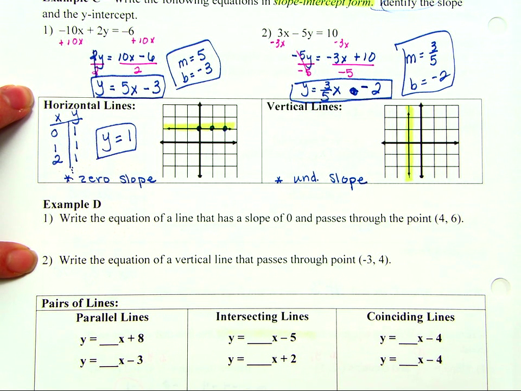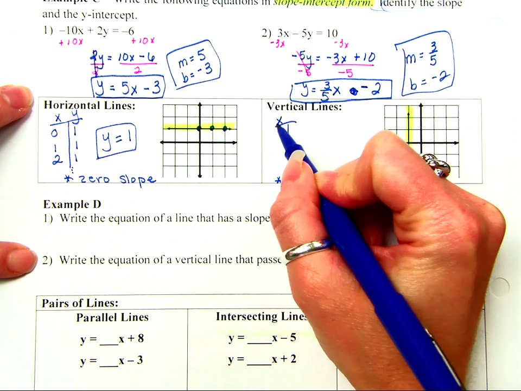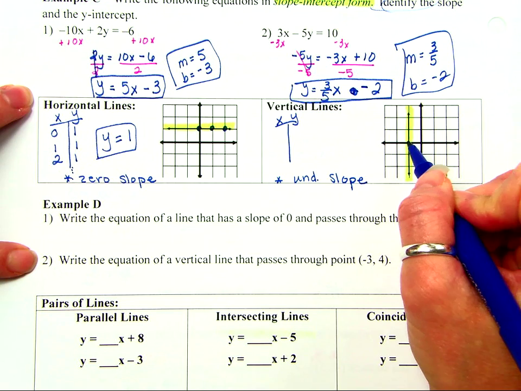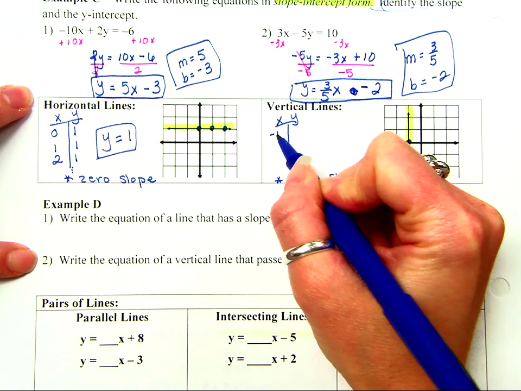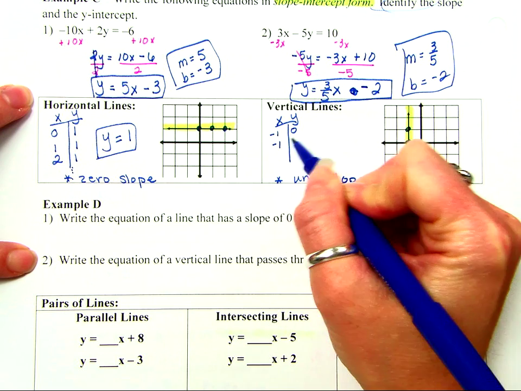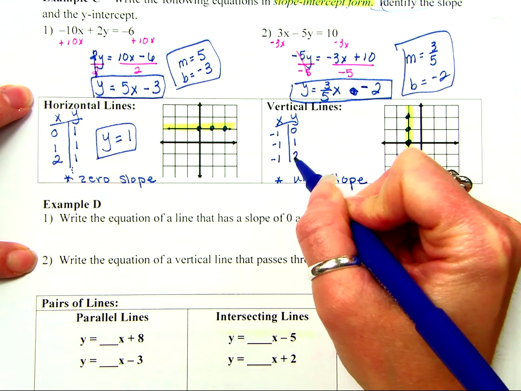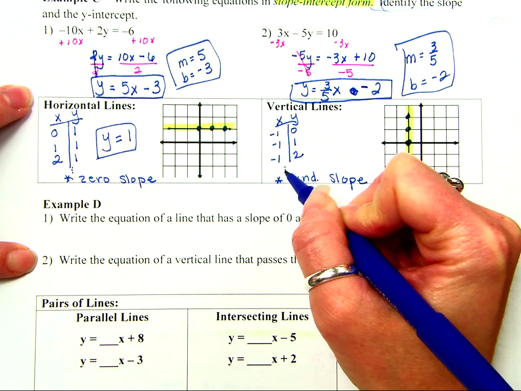My vertical line does not have a y-intercept. But if I think about that T-chart, as I look at my points, this is the point negative 1, 0, or the point negative 1, 1, or negative 1, 2. Again, you can start to see the pattern.